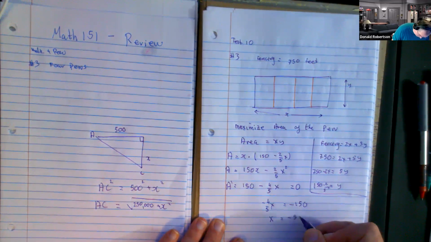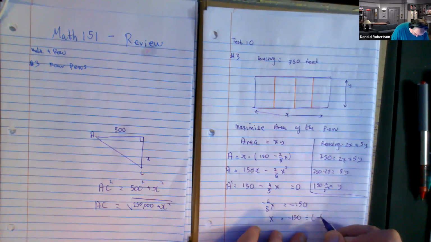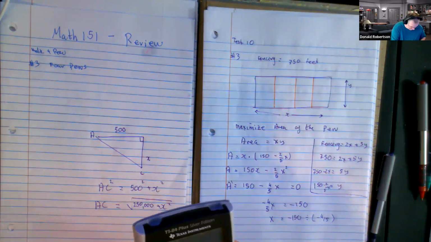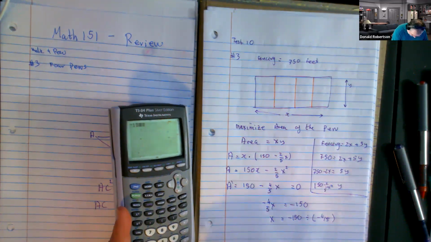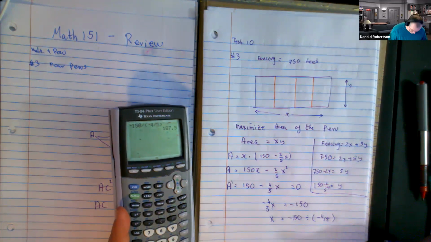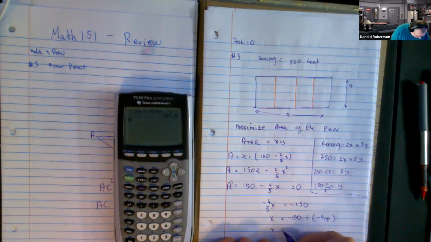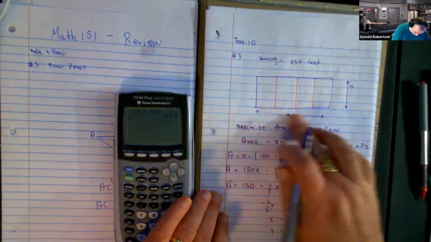It really doesn't matter how you do this one, so I'm just going to divide both sides by 4/5 and let the calculator figure it out. So negative 150 divided by negative 4/5 gives 187.5 feet. So that's how wide you make it.